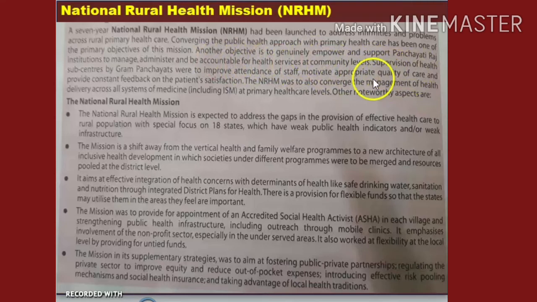So through the Panchayati Raj system, the news can be spread. That is the importance that they are seeing here. And the supervision of health sub-centers by Gram Panchayat would improve attendance of staff, motivate appropriate quality of care, and provide constant feedback on patient satisfaction.